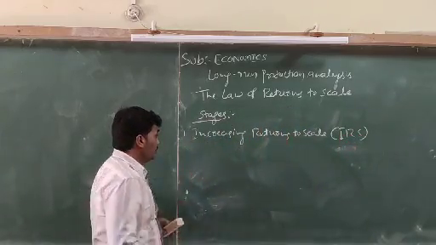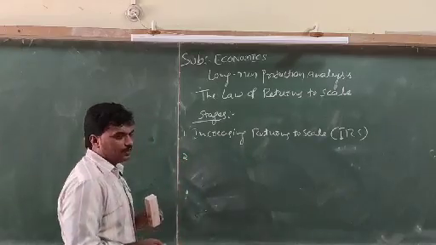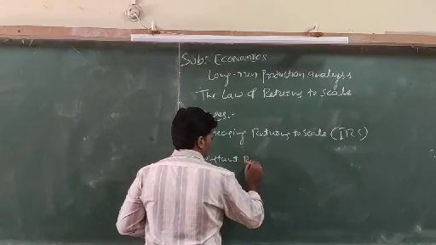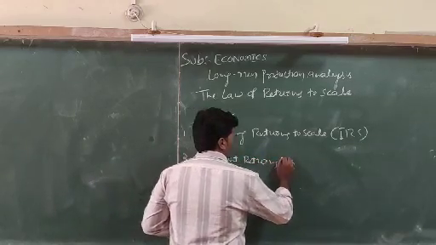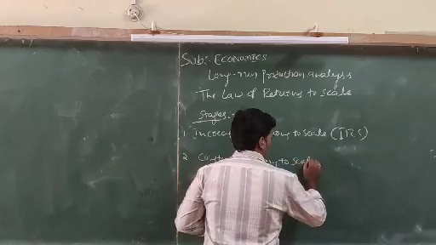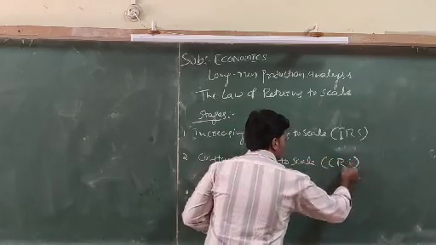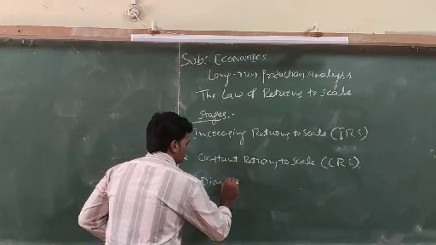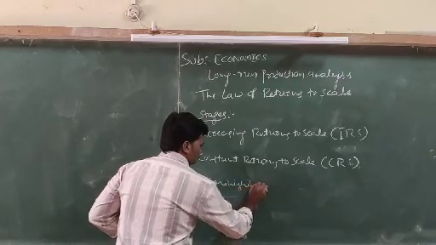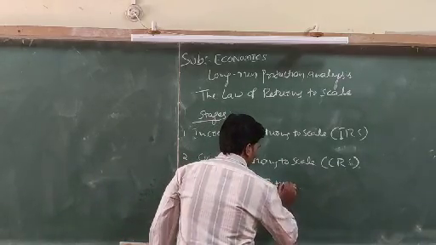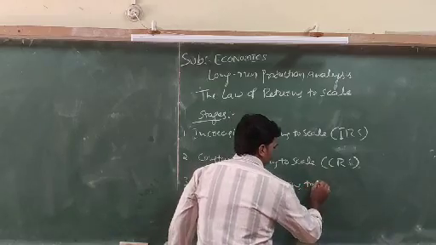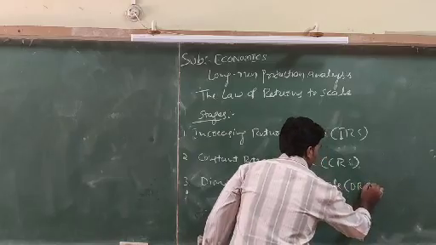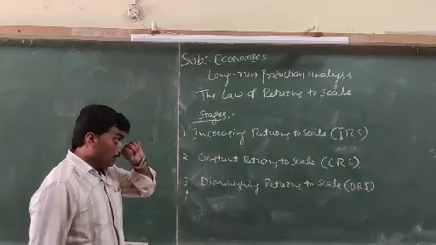Then the second stage is constant returns to scale, CRS. Then the third stage is diminishing returns to scale, DRS.